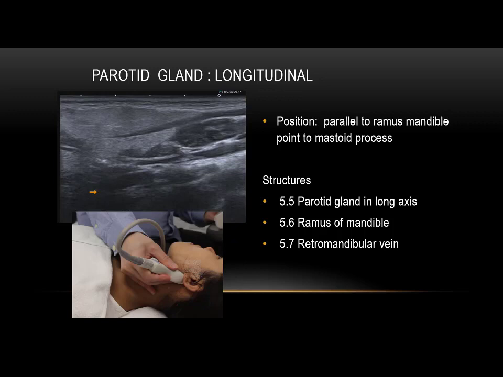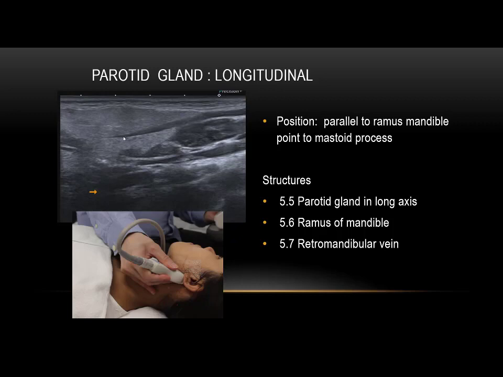Okay, another view of parotid gland scanning is how to scan the longitudinal view. When we place the probe for the longitudinal view, we use the landmarks: one side is at the angle of the mandible, and the other side points the probe to the mastoid process. So you can get the long axis of the parotid gland like this.